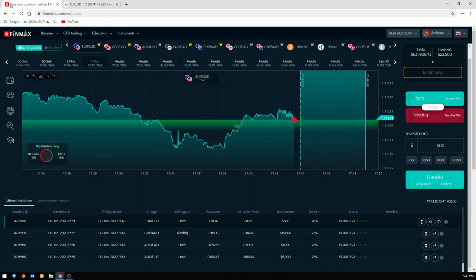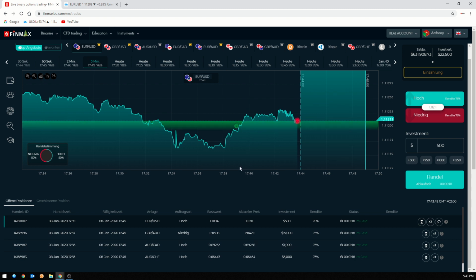Okay, EUR/USD changed direction a little bit, but still we have the positive sign, and we have around 1 minute for the trade to be finished.